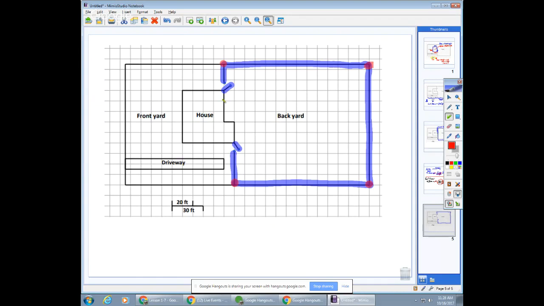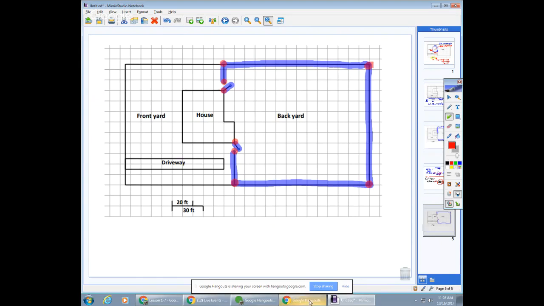Corner posts take a little bit more stress than a regular post, and so gate areas take a little more stress in the middle of a fence. So for me, I would say there's going to have to be a corner post up against the fence there and there. And then where the gate meets, that's really not an inline post, that's an end post or corner post. So those red dots are where all the corner posts are going to go.